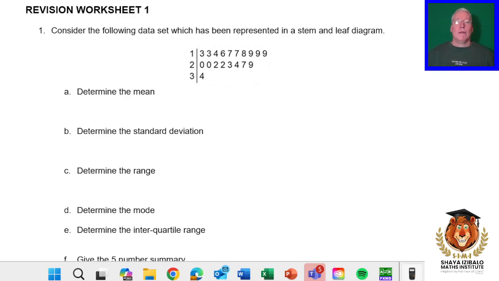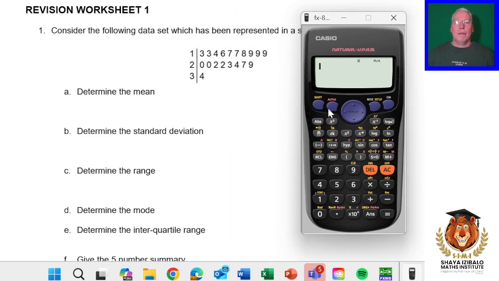Okay, so we're going to go Mode, sorry, Mode 2, one variable statistics. Okay, and then we're going to put in all these numbers.